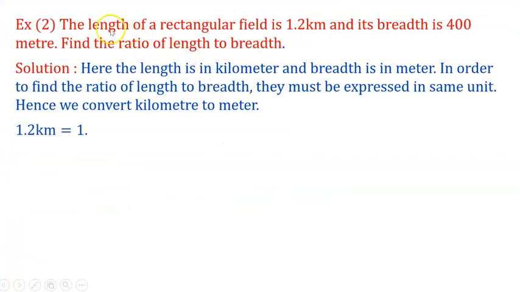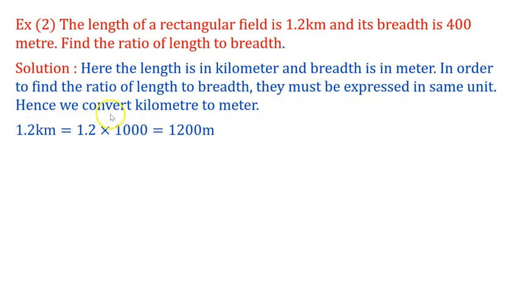Now next example, example number 2. The length of a rectangular field is 1.2 kilometer and its breadth is 400 meter. Find the ratio of length to breadth. Here the length is in kilometer and breadth is in meter. In order to find the ratio of length to breadth, they must be expressed in same unit.